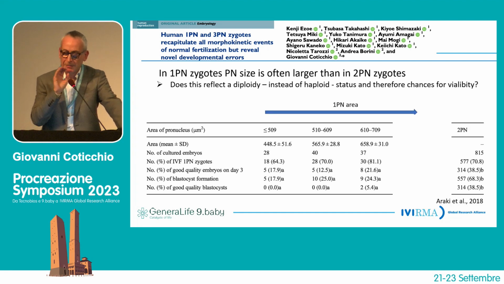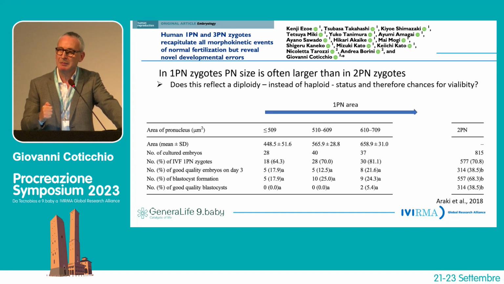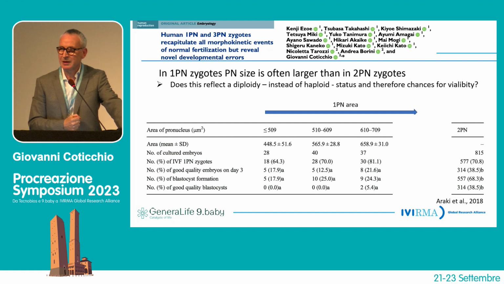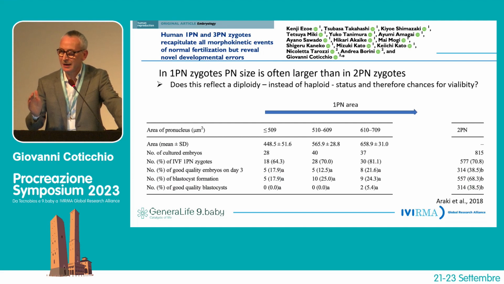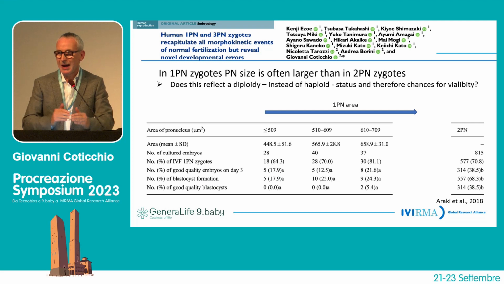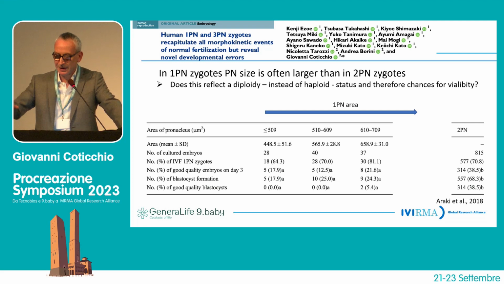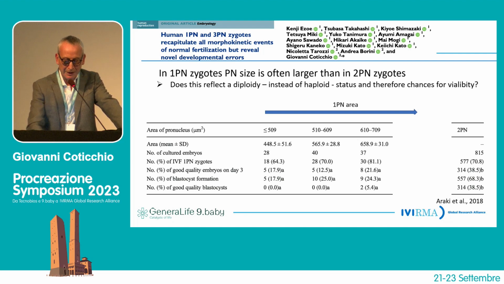And in fact, there may be some preliminary information which suggests we'd encourage to have a further experience in this respect. This is a study published already a few years ago in which the pronuclear size of 1PN zygotes was assessed in terms of ability of relevant abnormally fertilized zygotes with respect to ability to develop to good quality blastocysts.